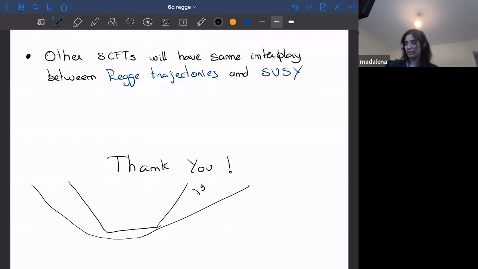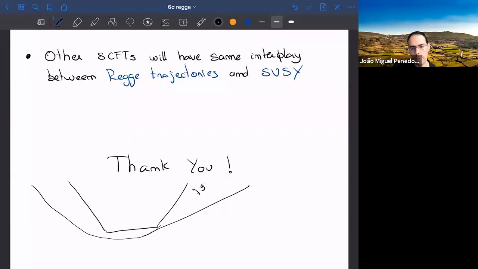Then you were asking about poles when you do perturbation theory in g. Yeah, that's a consequence of this corner. Basically because you have this corner, when you expand in g, you will see poles as you approach that kink of the trajectory. But I guess here in 6D you don't have the analog of this g, so I guess you don't have that.